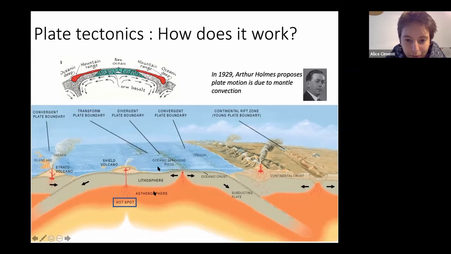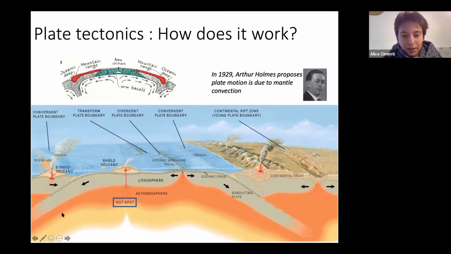And in the center of the figure, there is a ridge, which is also part of plate tectonics, where it is basaltic. Yes, it's basaltic. So basaltic is a type of rock.